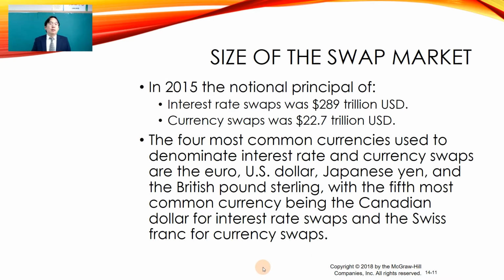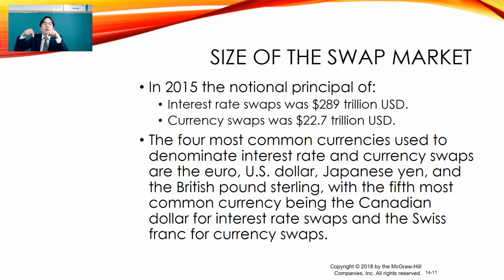And then the size of the swap market. In 2015, the notional principal of this market was huge. The interest rate swap market was $289 trillion worth. Notional principal, what is that about? Well, I told you before, usually the principal amount, 원금 in Korean terminology, stays there on your balance sheet. You don't swap it.